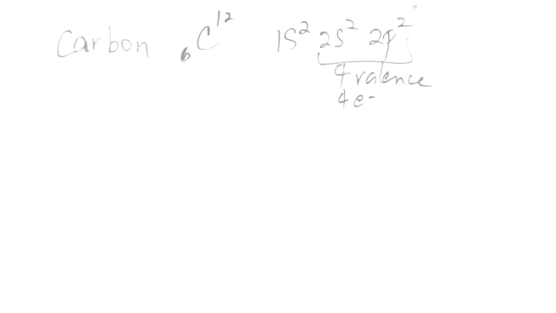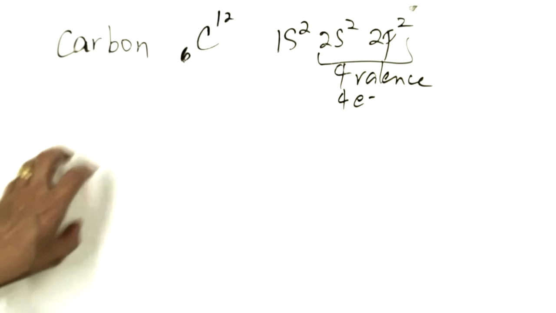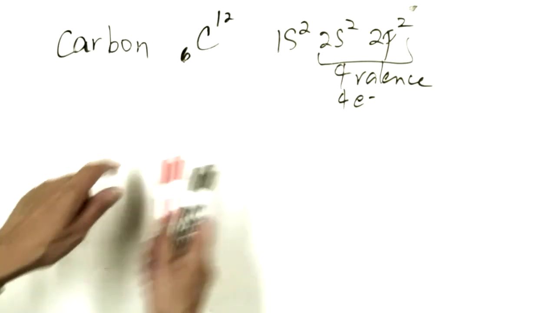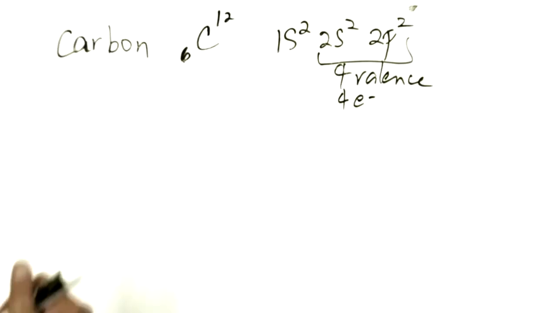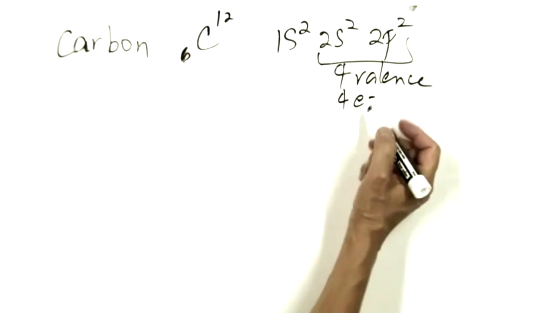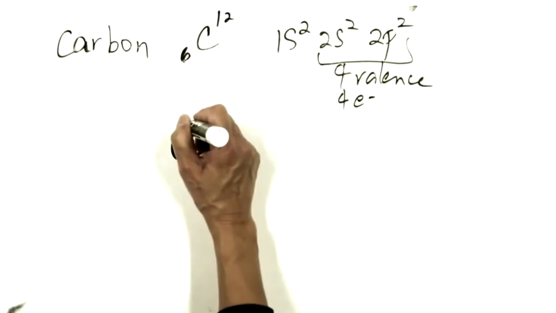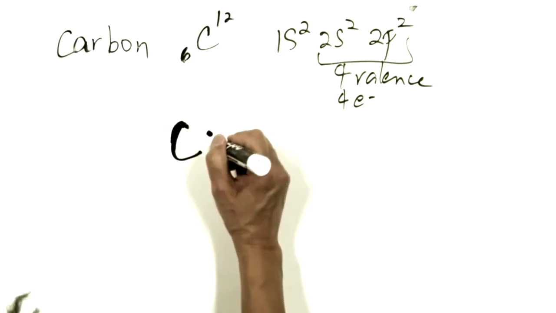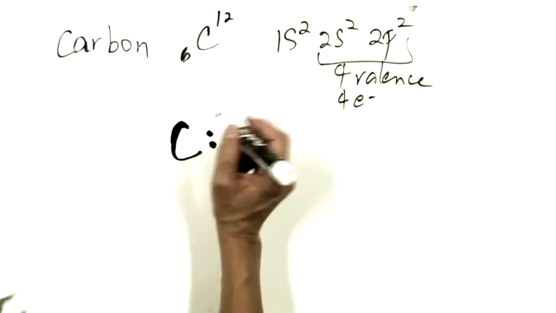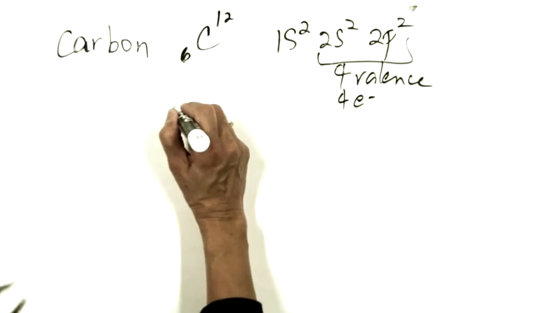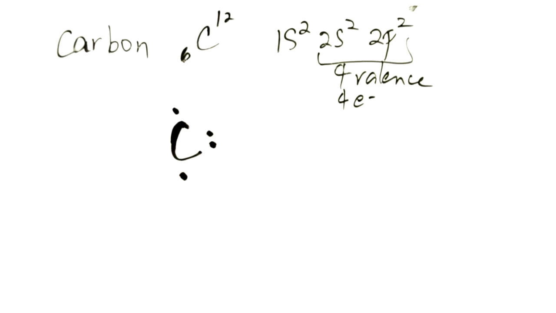Now this time, let us consider the possibility of carbon sharing electrons with both itself, carbon, and hydrogen. So let me try to redraw these 4 valence electrons of carbon in this way. I can redraw carbon, so I have the 2 valence electrons, and I can have the other 2 here, right? So that's carbon with its 4 valence electrons.